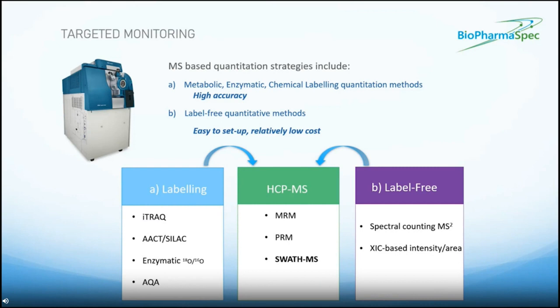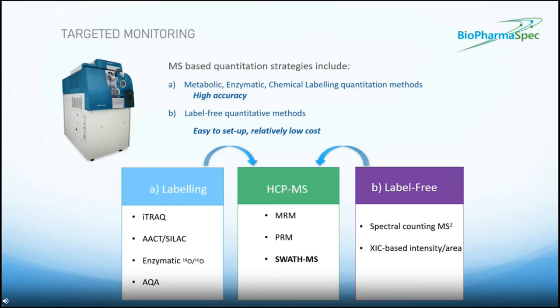MS labeling methods do provide greater accuracy for quantitating proteins of interest, but increasingly it's the label-free quantitative approaches that are being employed to replace or complement the labeling methods, and that's just due to the ease of the experimental setup and the relatively low cost. The technique also identifies a larger number of proteins with a wider dynamic range of detection, and the workflows, as I said, are simpler and faster, and for example, there's no need to determine labeling efficiency.